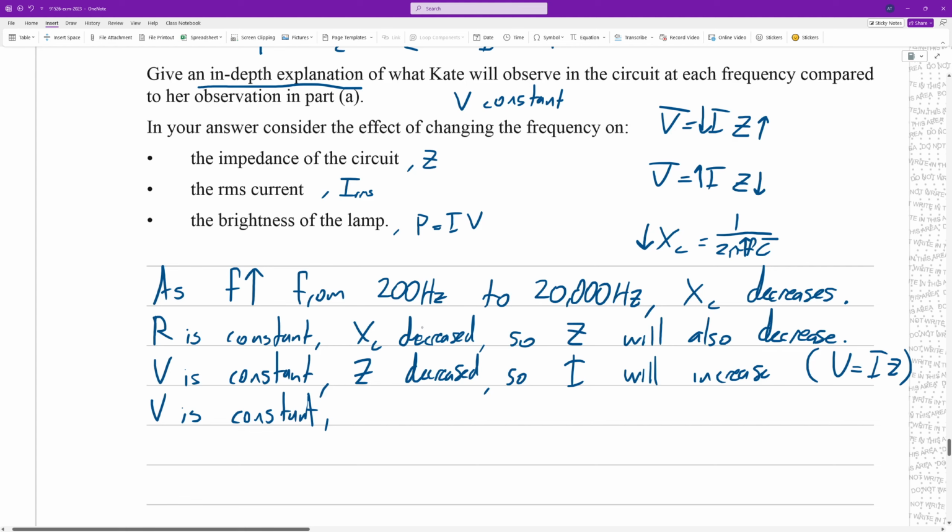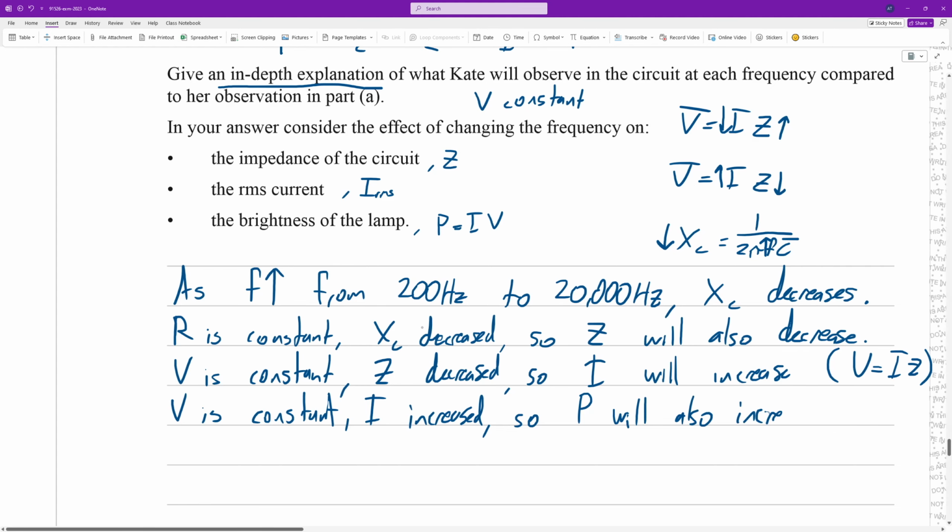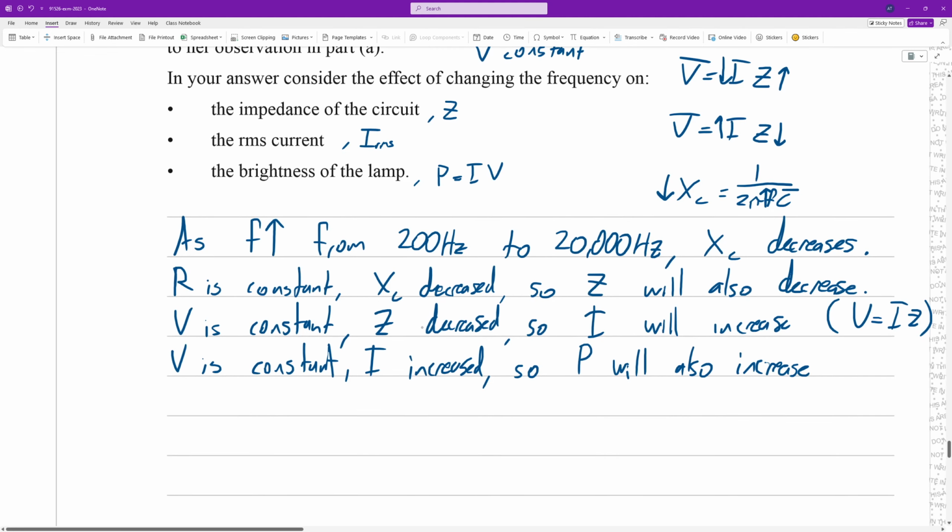We just discussed current increased. So power will also increase. Now, how does this relate to brightness? Well, power and brightness are proportional. So brightness also increases.